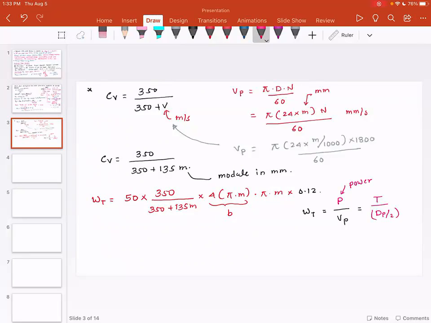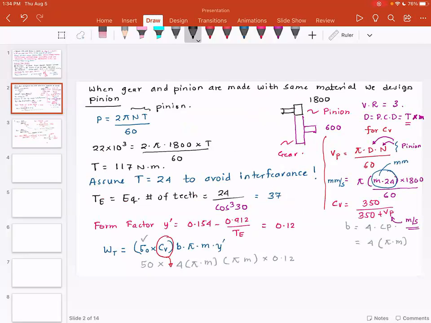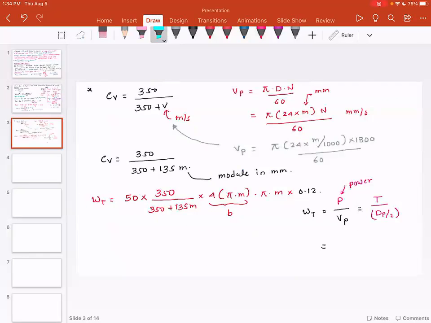Both of them will give you the same answer. So if I were to use the torque equation, since we already found out the value of torque, I would use 117. dP is 24 times m, so 24 times m divided by 2. A word of caution: this torque is in Newton meter.